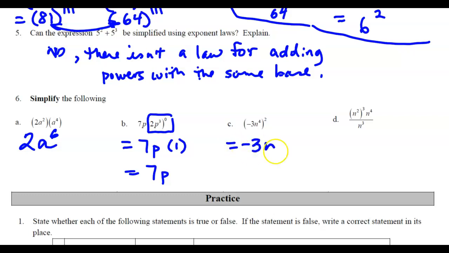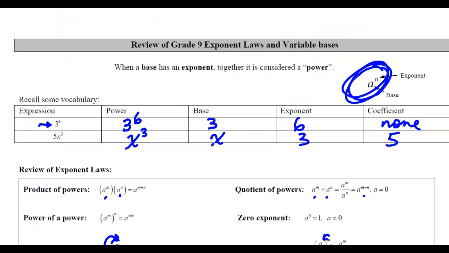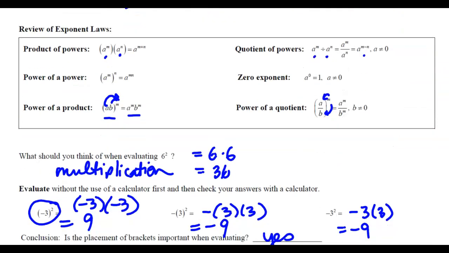This is a common mistake that I get on C. So what did I not do? Yes, I did not square -3. So don't forget, be kind to everything in the brackets. Treat everyone equally. Remember that law, if we look over here, power of a product: every factor in the brackets has to be raised to the exponent m.